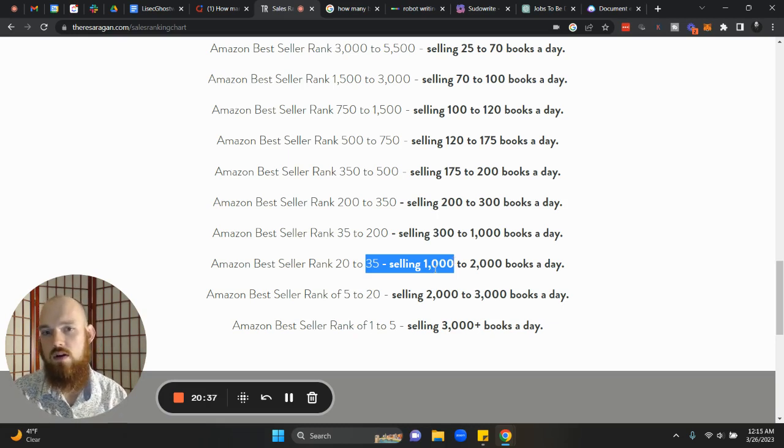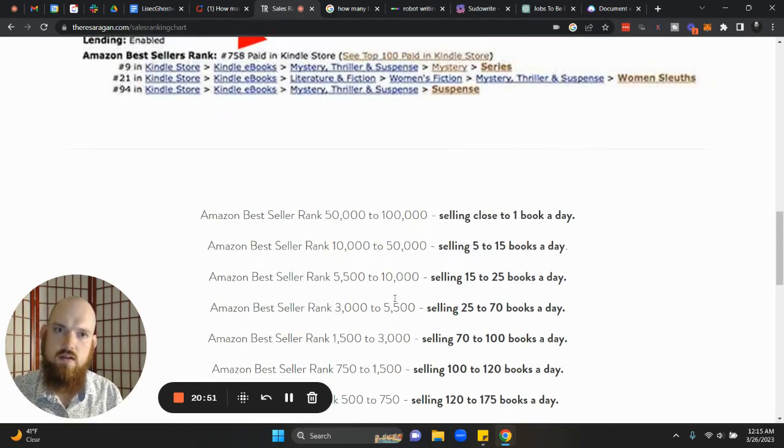Somewhere on the order of fewer than 5 books selling more than 1,000 copies a day. The overwhelming majority are going to sell closer to 1 book ever. Not 1 book a day, 1 book ever.